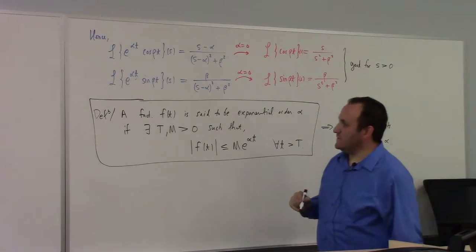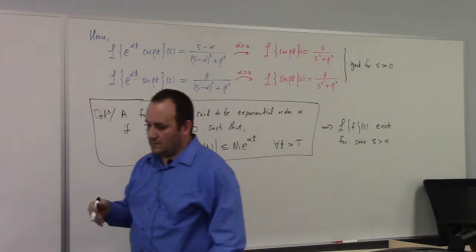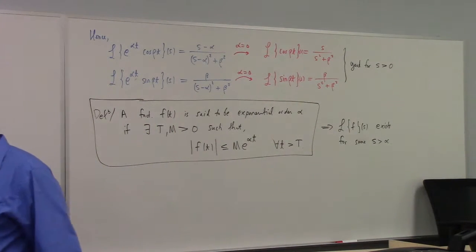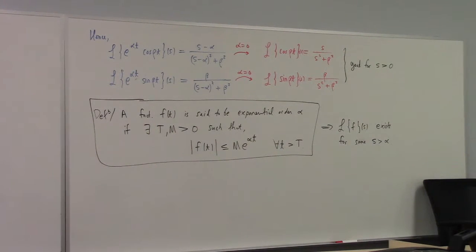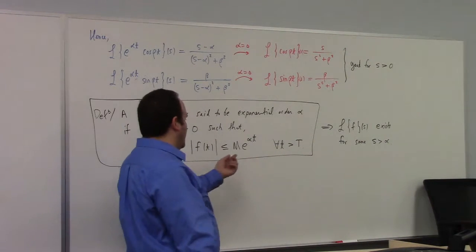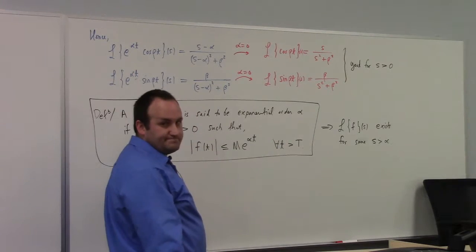In contrast, e to the at was only good for s greater than a. And e to the at, I believe, has exponential order a. I think that makes sense. You choose M equal to 1 and alpha equal to a, right?